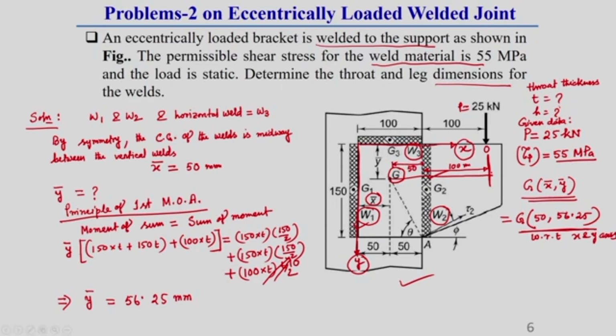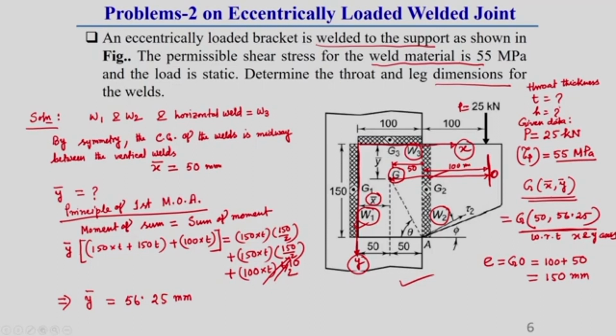So, the eccentric distance, the position of applied load P, is GO, the perpendicular distance. Here I always write GO. So, GO equals 100 plus 50, that means 150 millimeter.